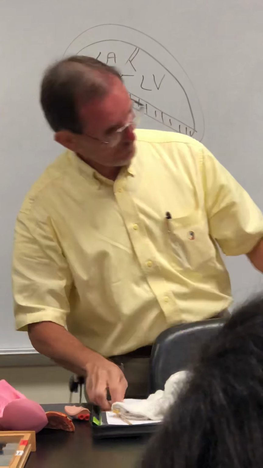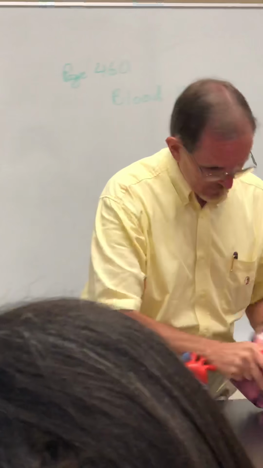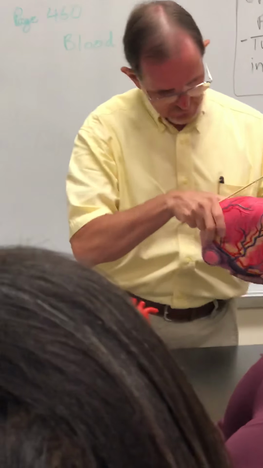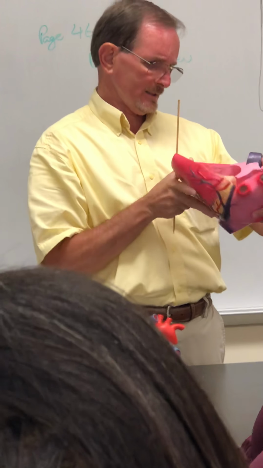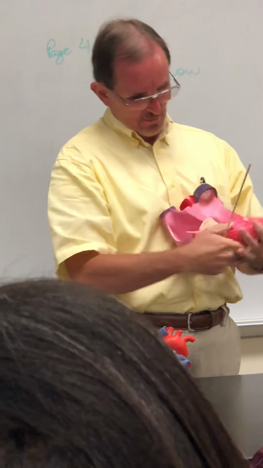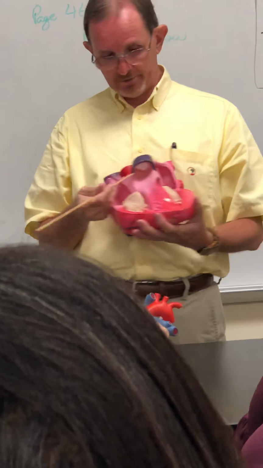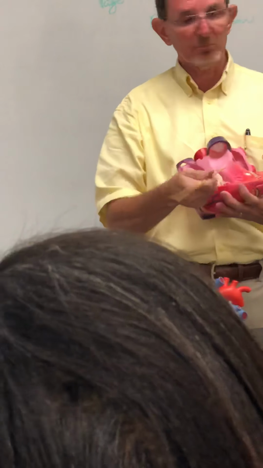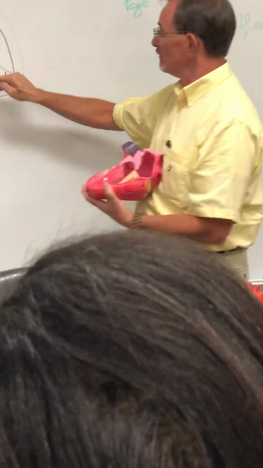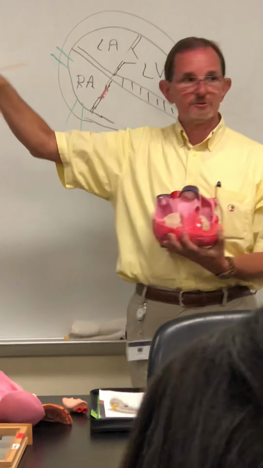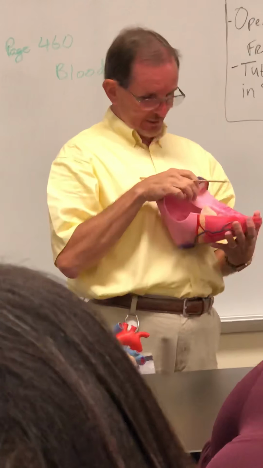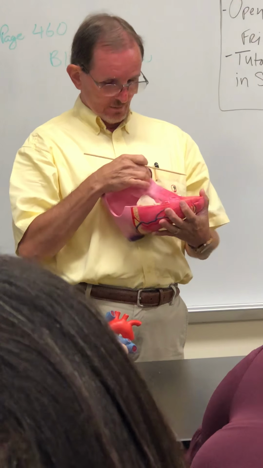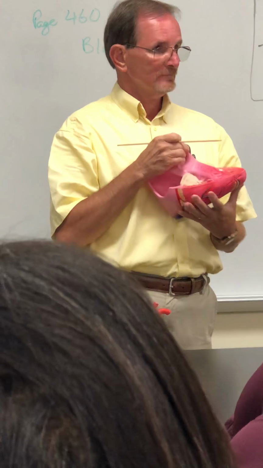I'll show it to you. Let's see, there it is. Pulmonary valve right there. So this is how blood goes from the right ventricle out of the heart to go to the lungs. It uses that doorway called the pulmonary valve.